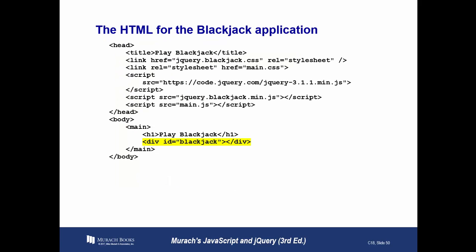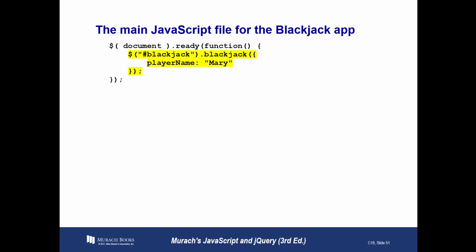The HTML file for the application links to the CSS and JavaScript files the plugin needs, and it also includes a div element with an ID of Blackjack. The main JavaScript file then attaches the plugin to that div element and passes some options along to the plugin.